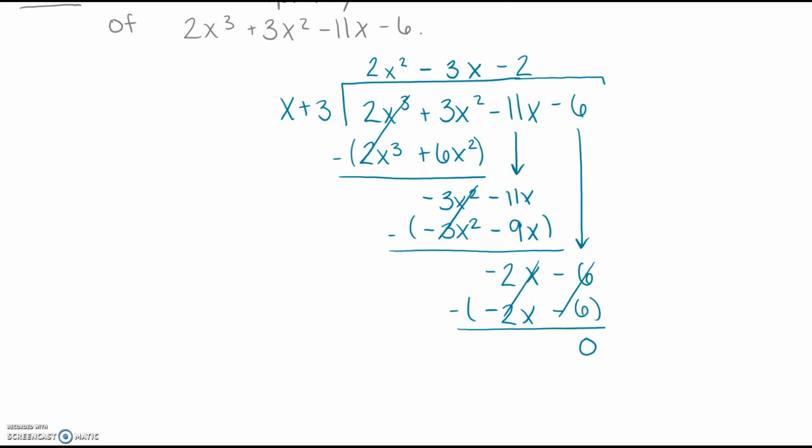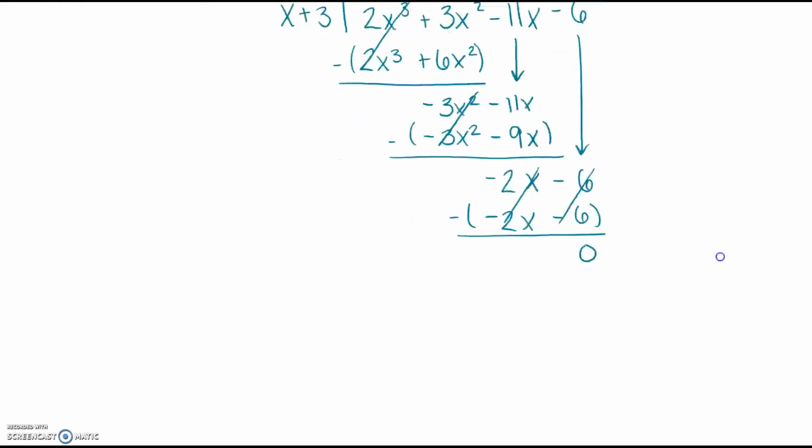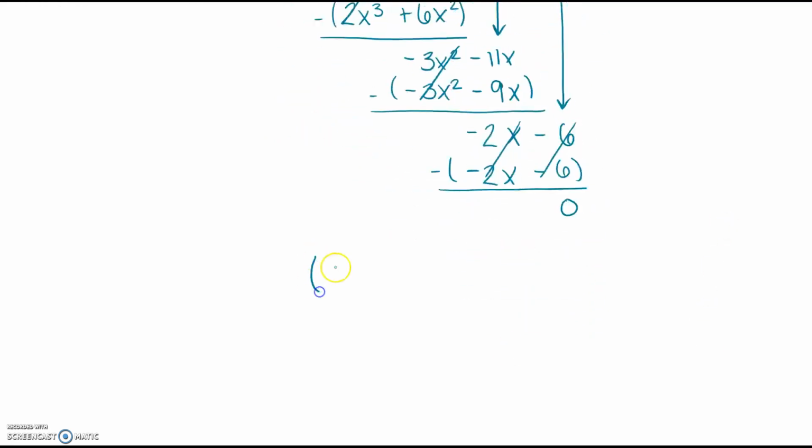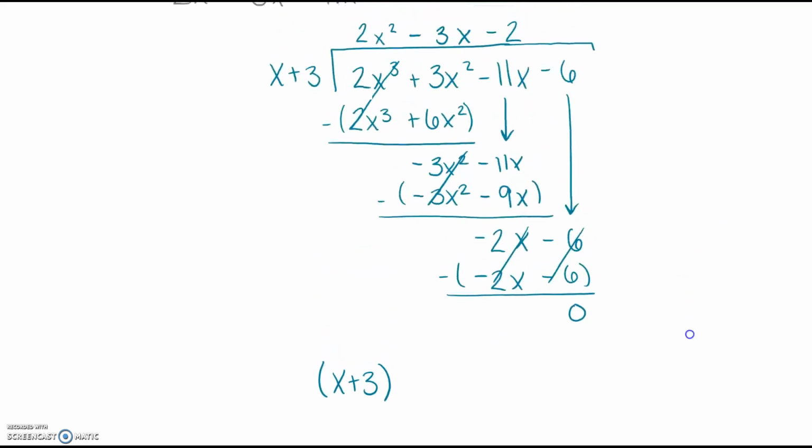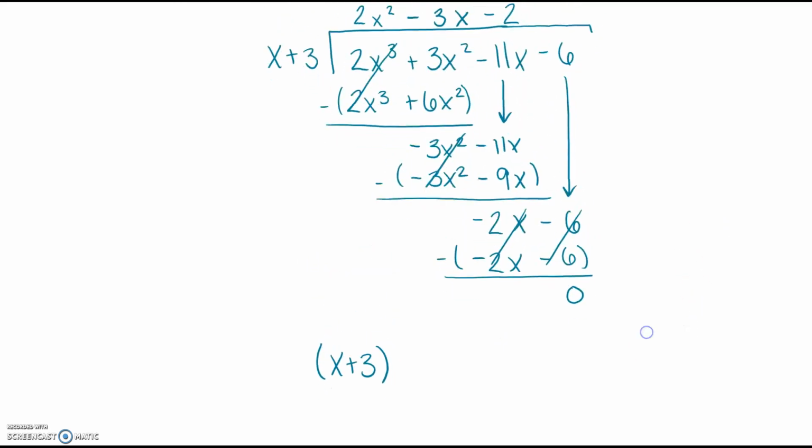So that means that x plus 3 is a factor, which we were told, and x plus 3 is a factor with the 2x squared minus 3x minus 2. So I just got this from here.